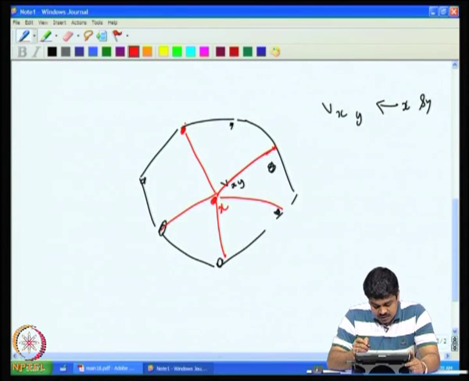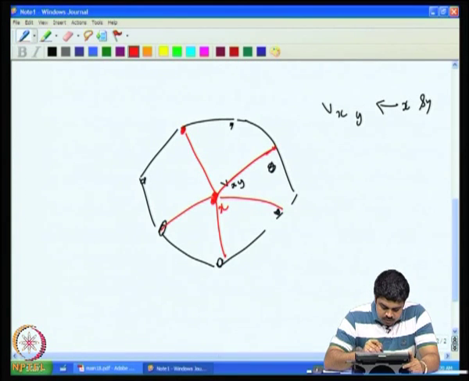Now, the point is, look at the neighbors of y. All the neighbors of x are drawn. Now, I can look at the neighbors of y. How can they come?